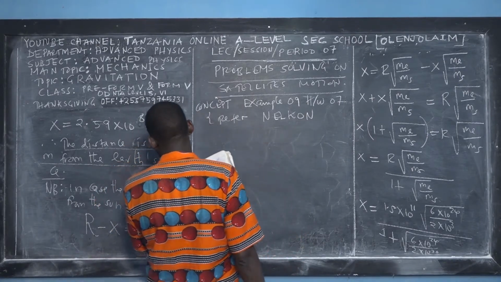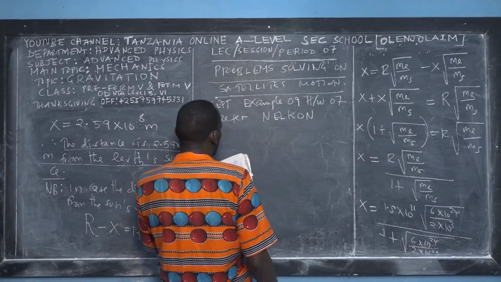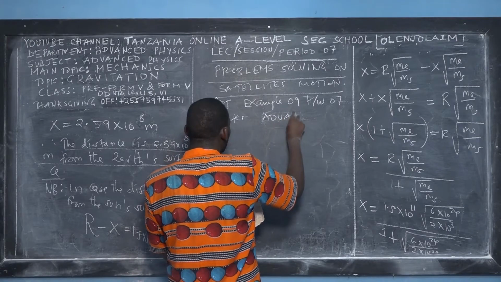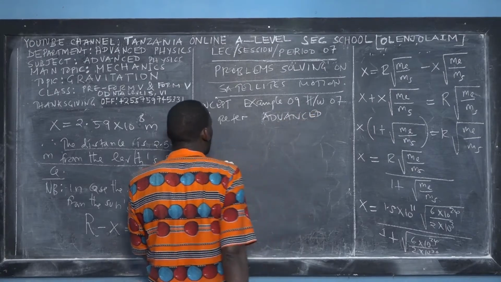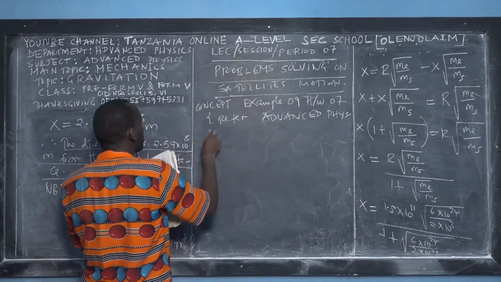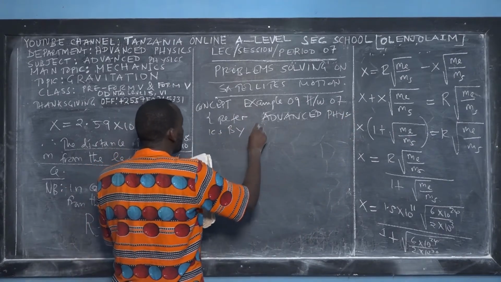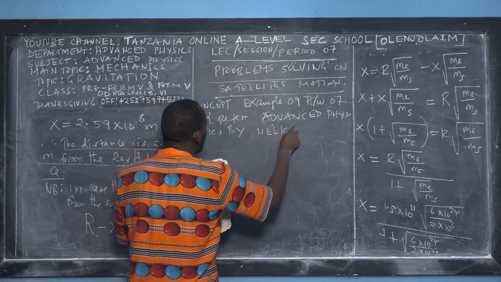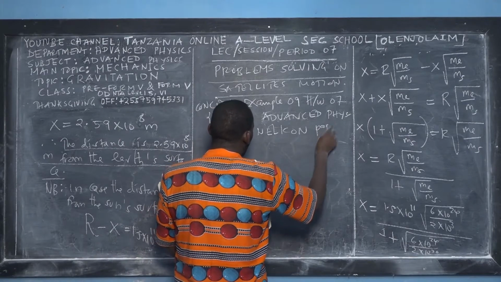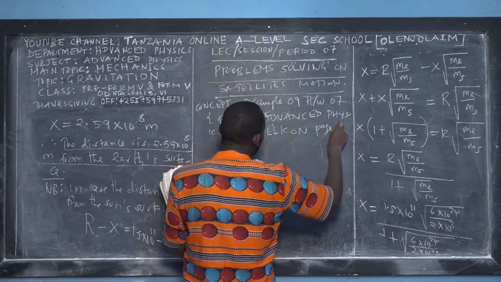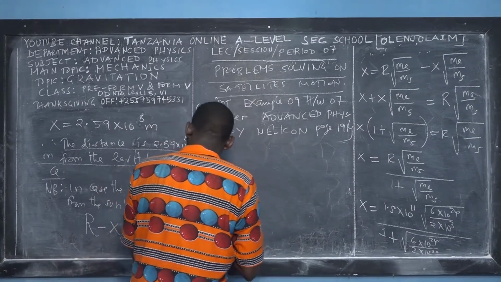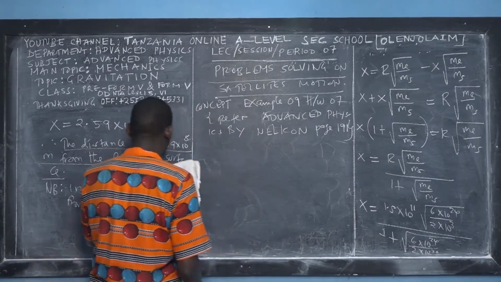The book is called Advanced Physics, but we used to name it according to the authors, Advanced Physics by Nelkon and Parker. The page where you find this question is page 191. As I told you, these are the reference books that I'll be using in teaching you the concept of gravitation.